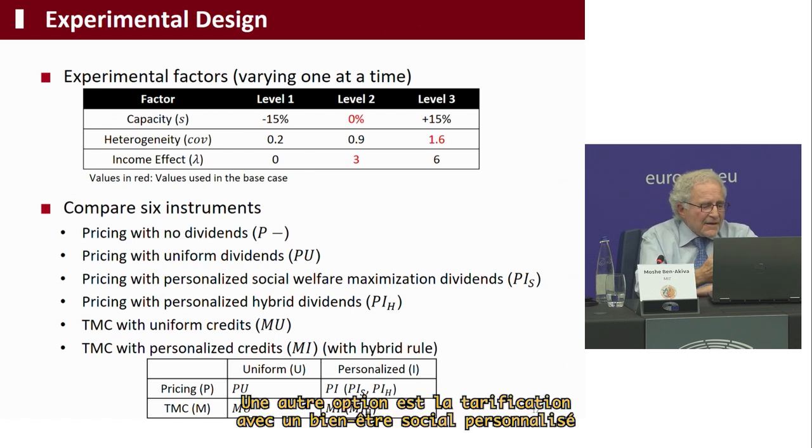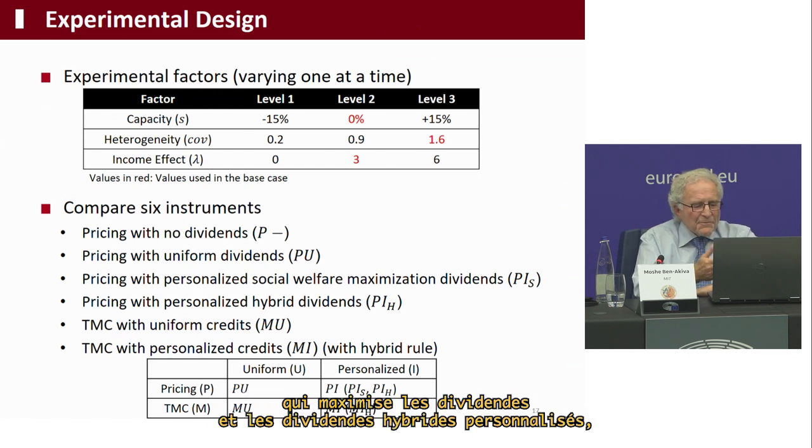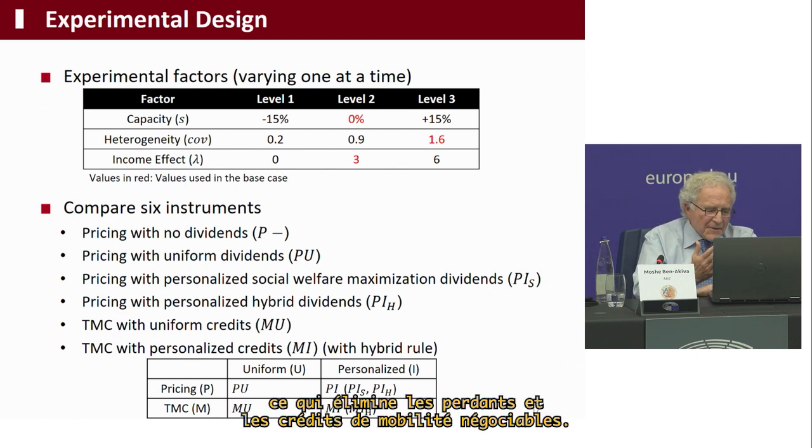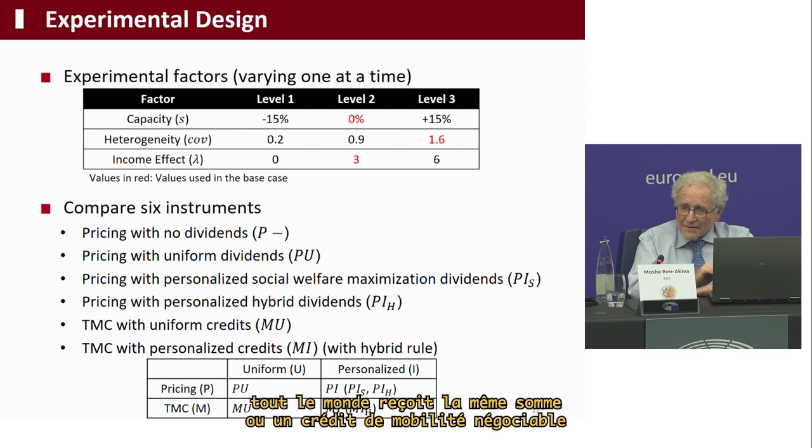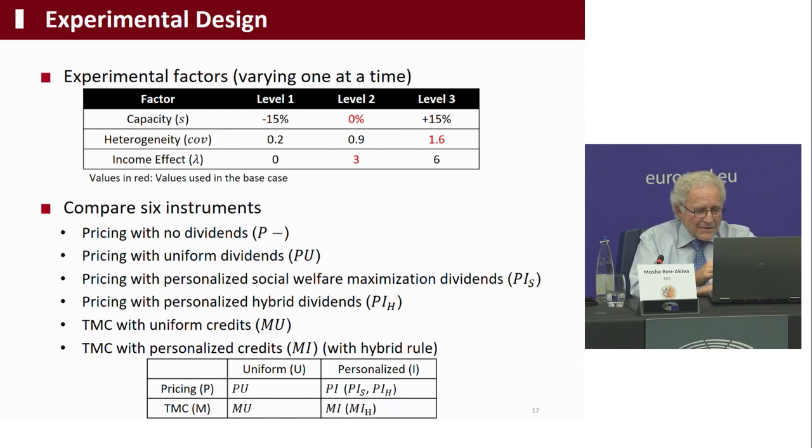Another option is pricing with personalized social welfare maximizing dividends, and personalized hybrid dividends, meaning eliminate the losers, and then tradable mobility credit with uniform credit, everybody gets the same, or tradable mobility credit with personalized allocation of credit.